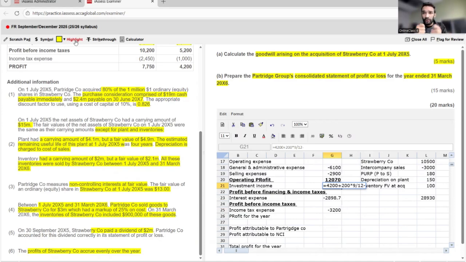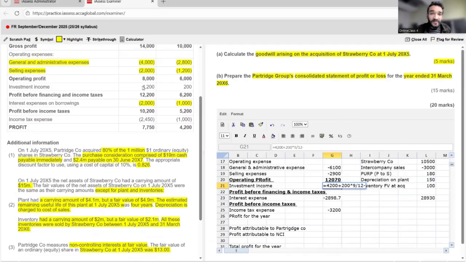When you are consolidating, you have to remove the intercompany dividend as well, because now we are already adding line by line all the expenses and incomes of the subsidiary. In the individual accounts, the parent has already included the dividend received in its income. We have to remove it: minus intercompany dividend.